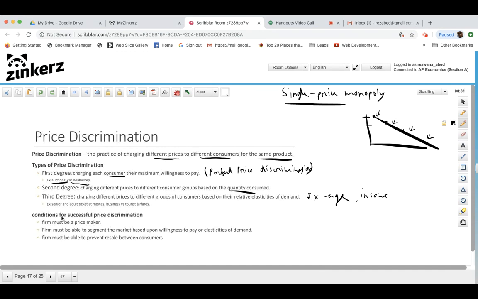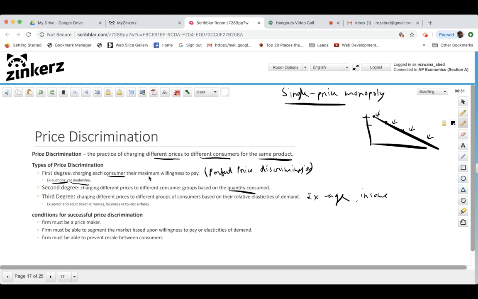So they're always going to charge you a higher price. They're able to separate different groups of consumers based on how elastic their demand for that product is. So if you have higher elasticity, it means you pay a lower price. If you have low elasticity of demand, you are more inelastic, so you're going to face a higher price.